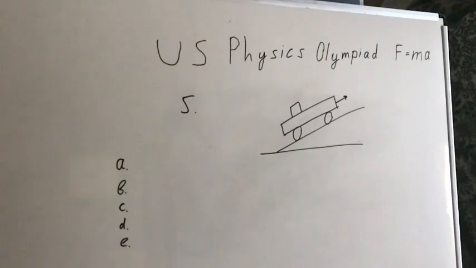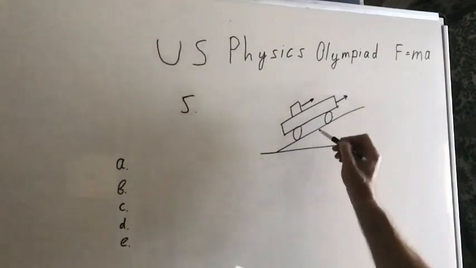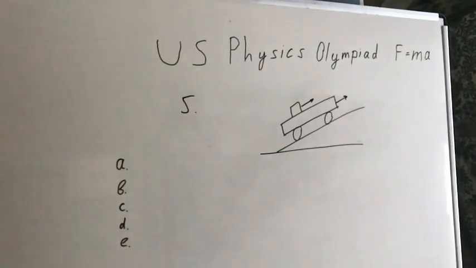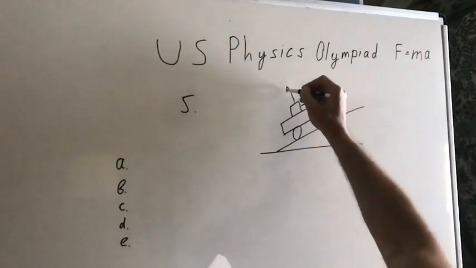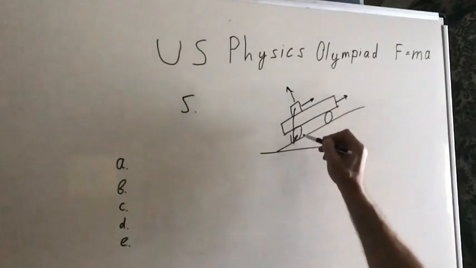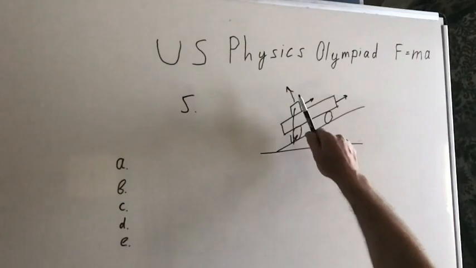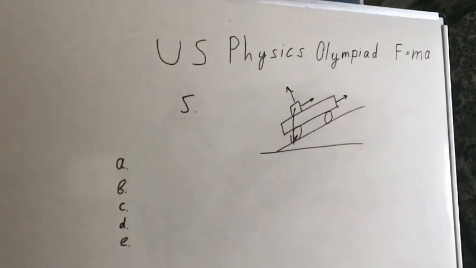The answer we can find if we draw a free body diagram of this crate, which has the force of static friction, normal force from the sled, and gravitational force from Earth. We can see the normal force is not responsible for acceleration, and it just cancels this part of the gravity force.